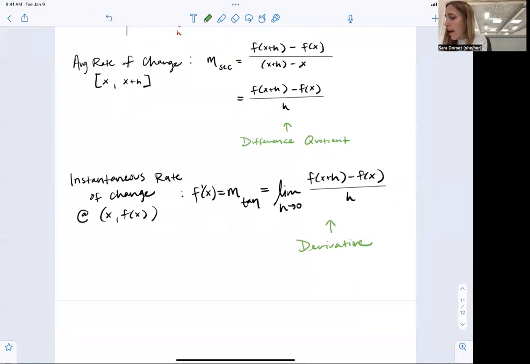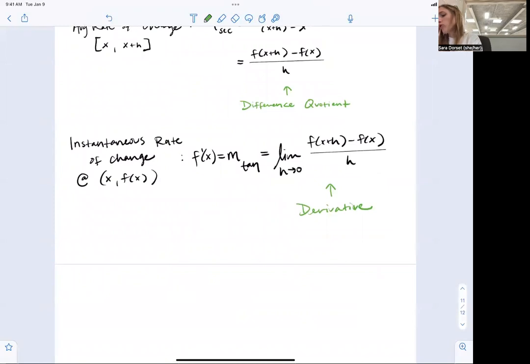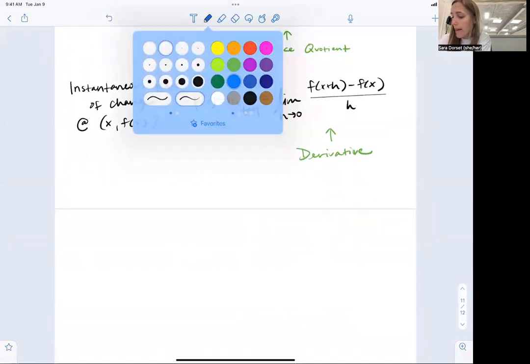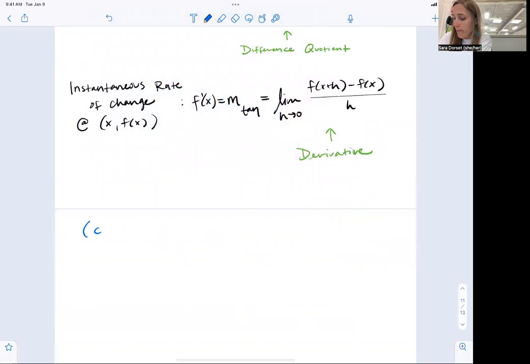One thing we didn't talk about is if you wanted kind of a shortcut for calculating the slope of the tangent line at a given point, like you know what x is, you can just plug in. Let's say that you wanted to calculate the slope of the tangent line at c comma f of c.